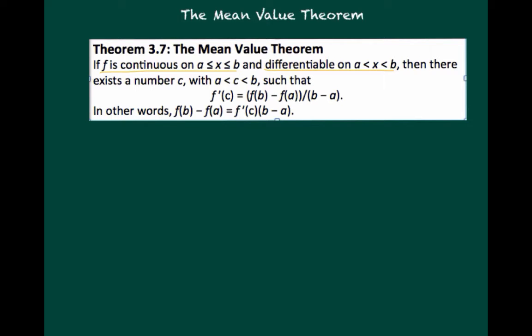Then there must be that number C between A and B, such that the derivative at C equals the average rate of change from A to B. So let's get that in your notes.